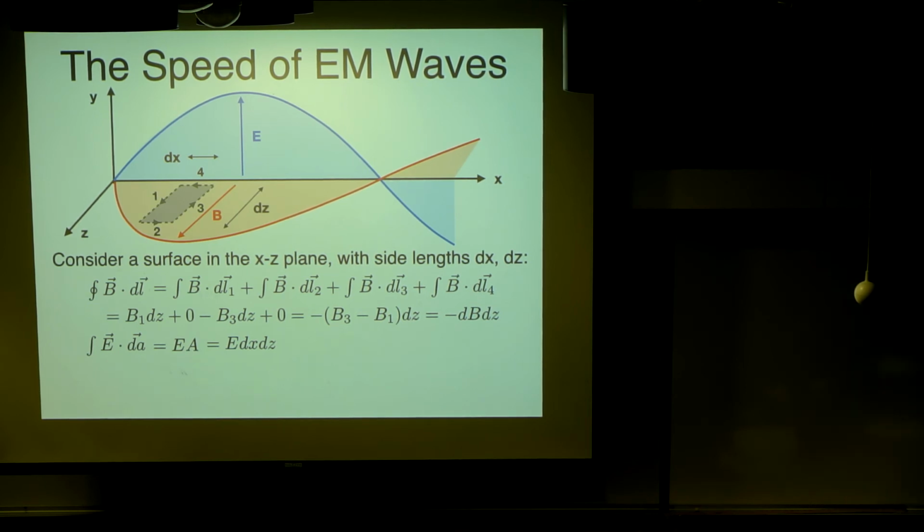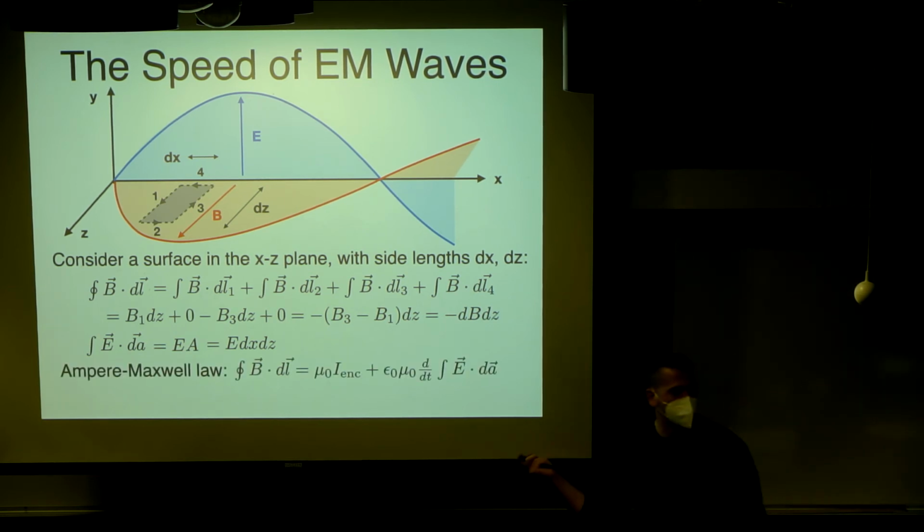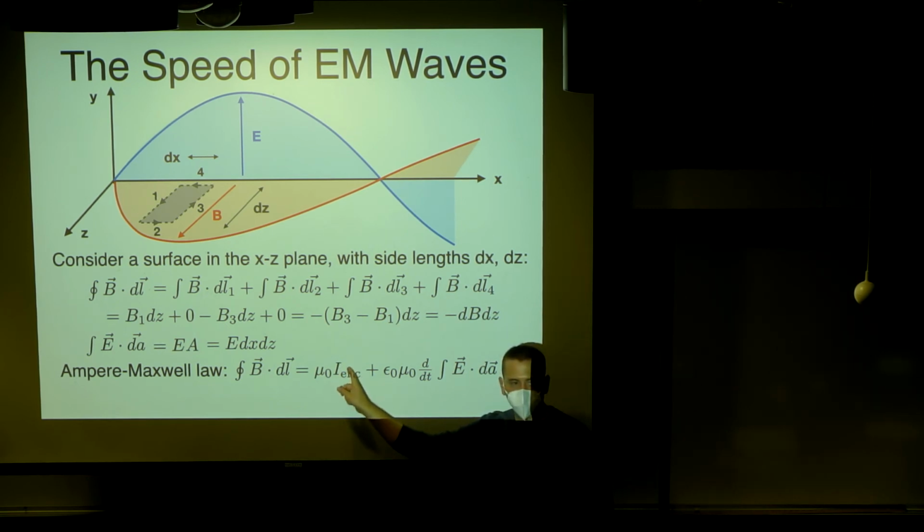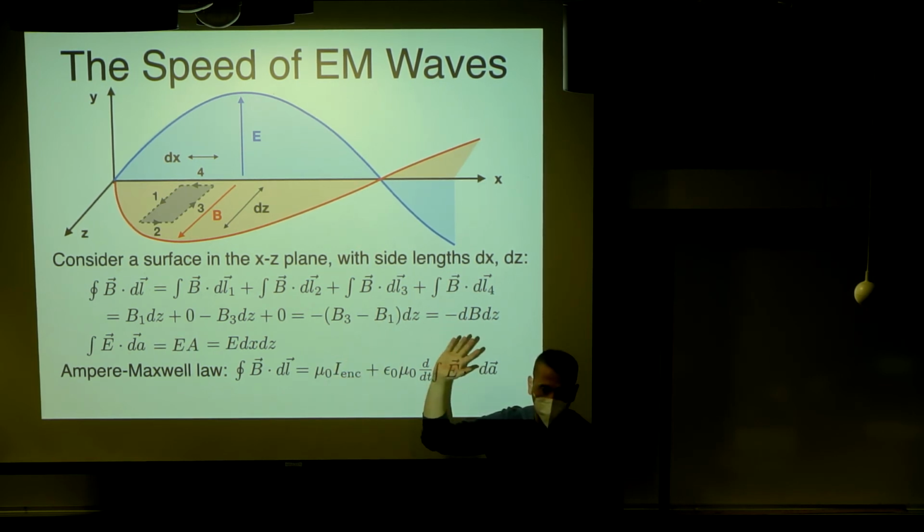So now, I'm not going to apply Faraday's law. I'm going to apply the Ampere-Maxwell law to this surface. Let me just remind you how that goes. It's the integral of B dot dl equals mu naught times I enclosed. Remember, this part is real current. This is actual moving charges. We do not have any of that here. All we have is an EM wave moving through space.